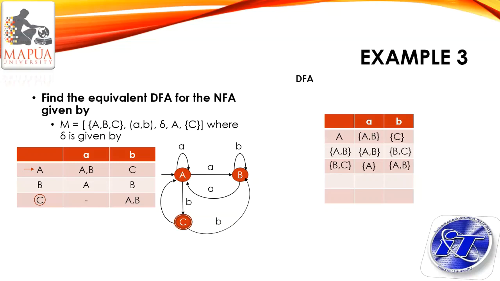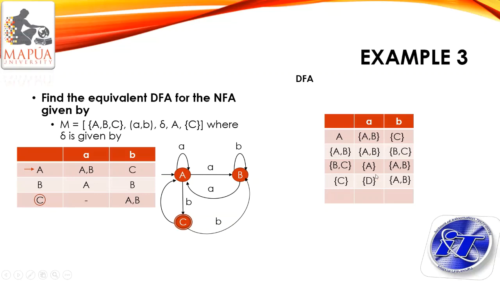So next would be, what else have we not considered? C. Okay. When C is on A, nowhere to go. So it means we need to create a trap state, which is D. And when B, we go to AB, so it already exists.